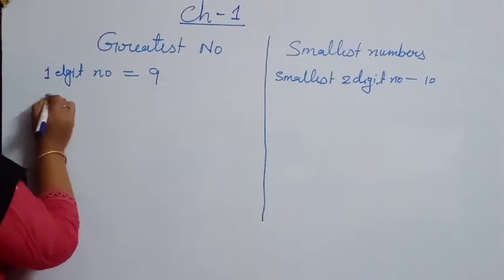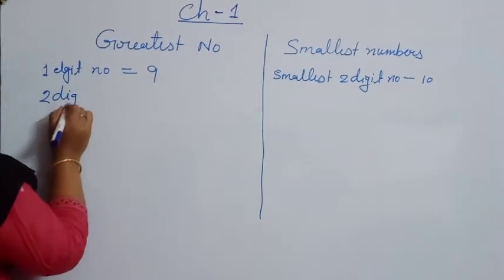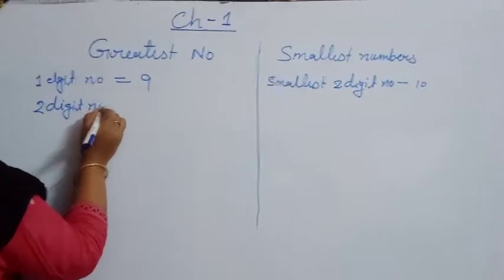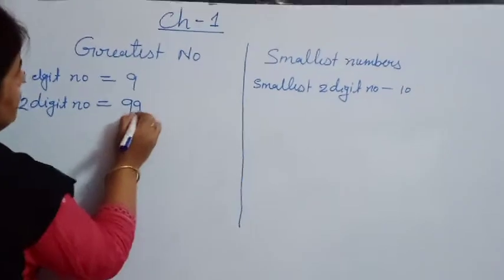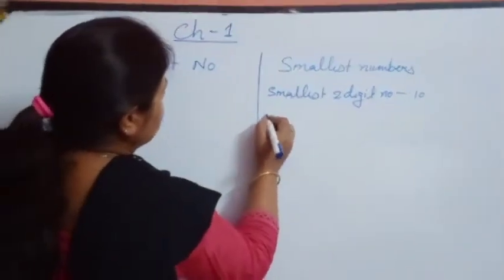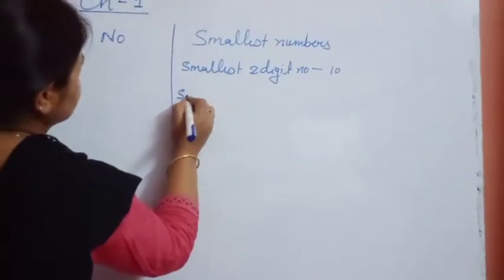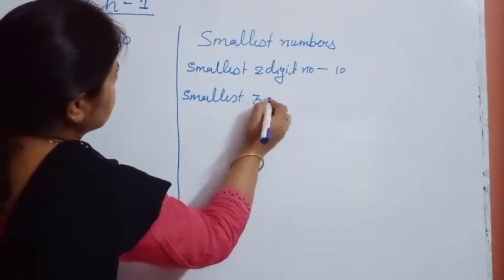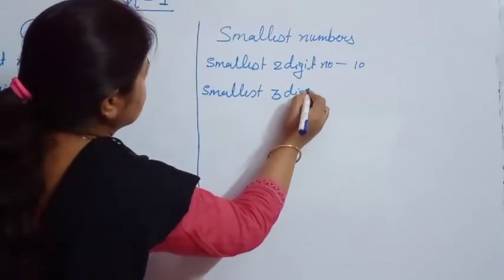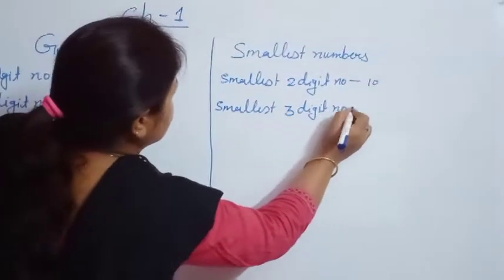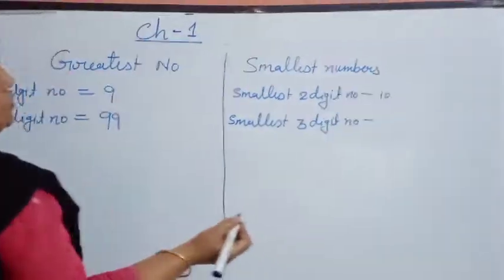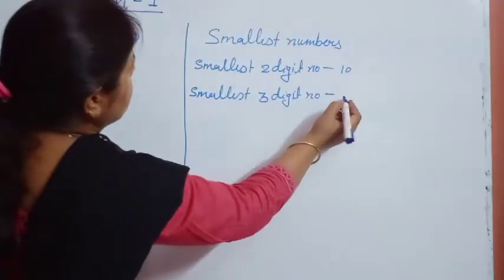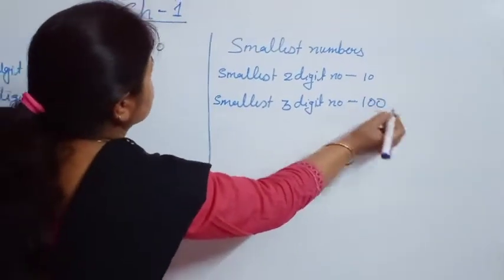Now greatest two-digit number, what can it be? 99. And smallest three-digit number, nothing will be there. The number of zeros will be increased in front of 1, means 100.